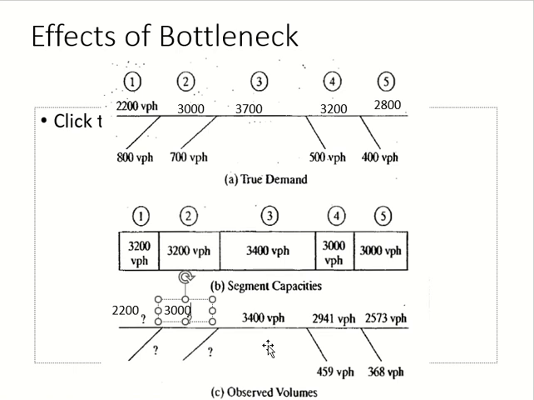How many vehicles are subtracted? Why 49? And you are wrong. It's not 49. And why 49? And why 41 actually? Yeah, why 41? This is what we call the network effect.